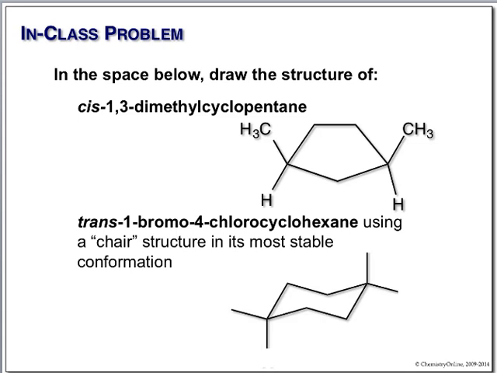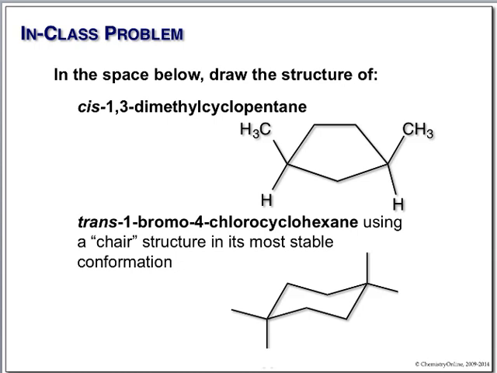Now all I have to do is arrange a bromine and a chlorine so that they are trans to each other and so that they are in the most stable conformation. Now remember, when we're dealing with 1-4 trans, the groups could either be both axial or they could be both equatorial.